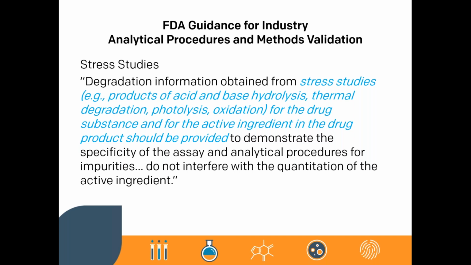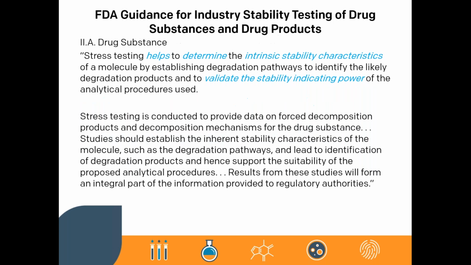It's important to do the formulation. And so I'm just pointing out, again, the need for the stress studies. This is one guidance document. Here's another guidance document for industry, stability testing of drug substances and drug products. Again, the formulation or drug products need to be stressed, not only the drug substance.